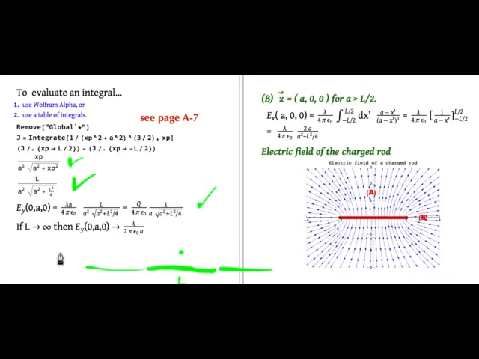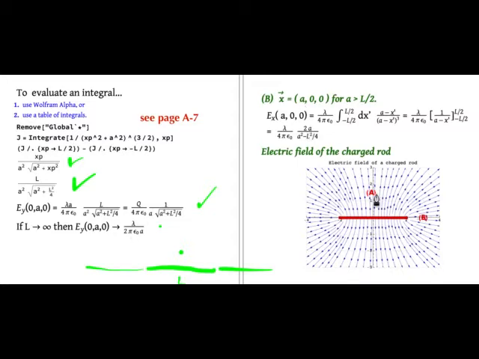And that's a result that we're going to see again. We can derive that result very easily using Gauss's law. So keep this in mind or write it down in your notebook. We'll see this again.